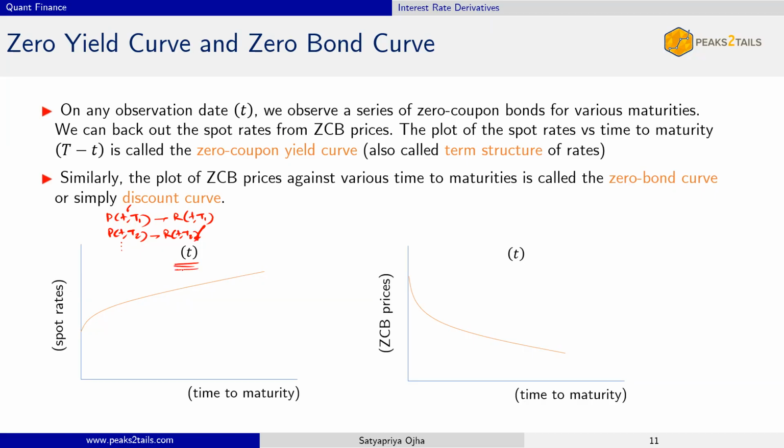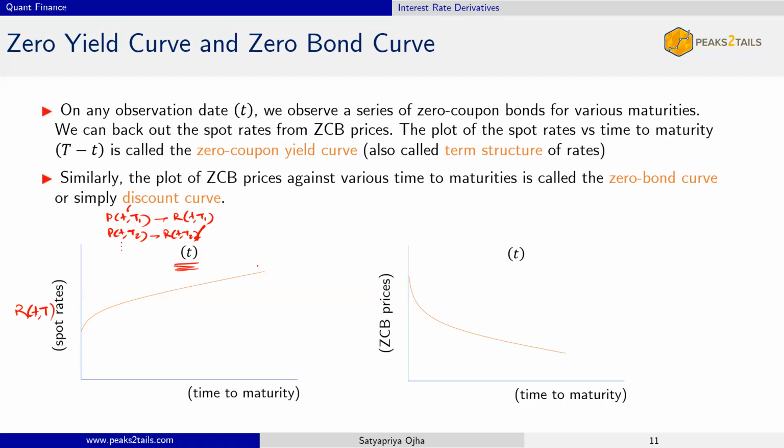So for any given day, from the traded bond prices, I can extract the spot rates, which are also called zero coupon yields. Same thing. And then I'm plotting those here. So this is R(t,T). This is the plot.